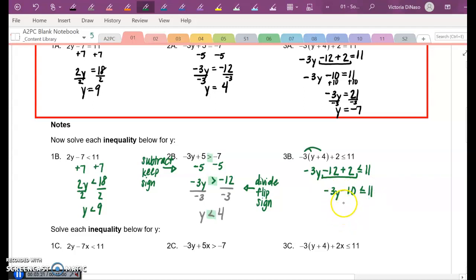I'm going to go ahead and add the 10 to each side. So we have negative 3y is less than or equal to 21. And now I'm going to divide by this negative 3. And when I divide by this negative 3, my inequality is going to flip. So we have y is now greater than or equal to negative 7. So we kept it, kept it, kept it, kept it, and now it flipped.